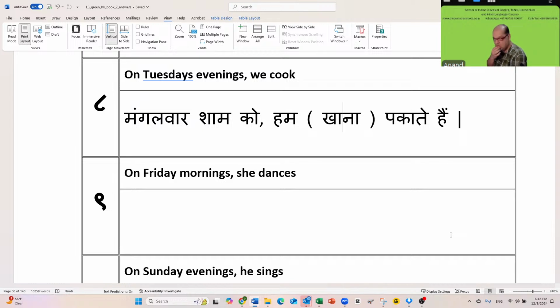शुक्रवार की सुबह में वो नाचती है. Okay, very good. So शुक्रवार की सुबह में वो नाचती है.